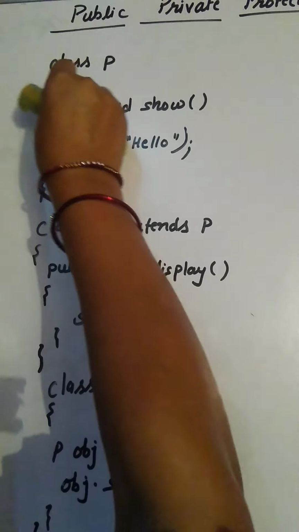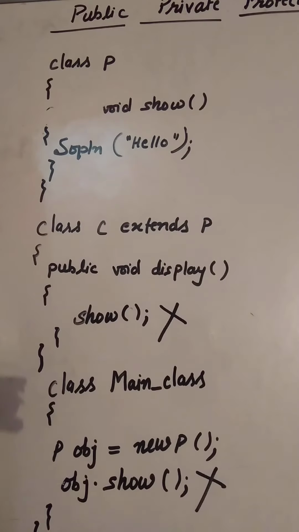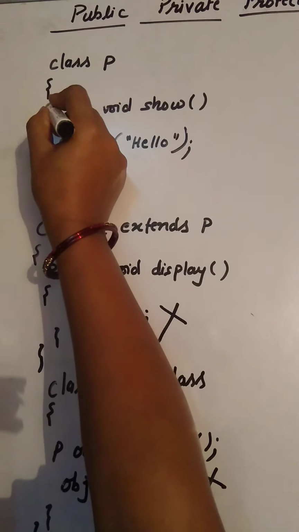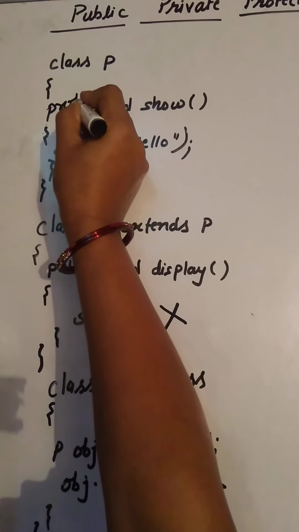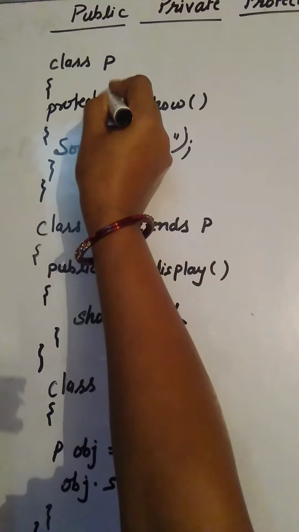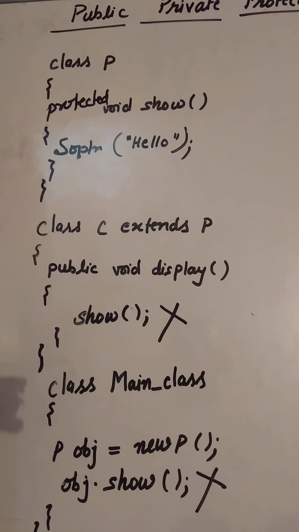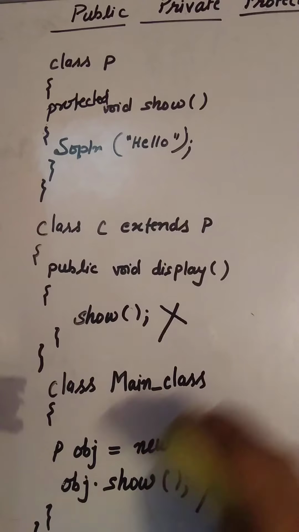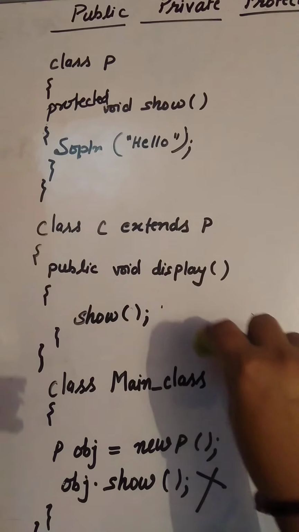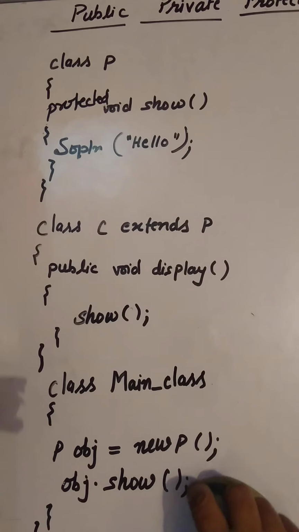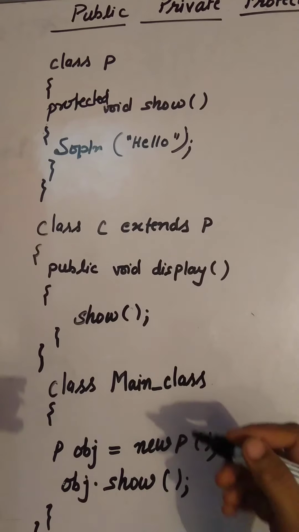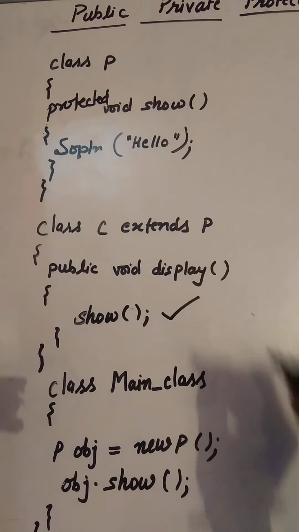If we are using protected, so protected void show. When we are using the protected access specifier, then this function can be accessed here.